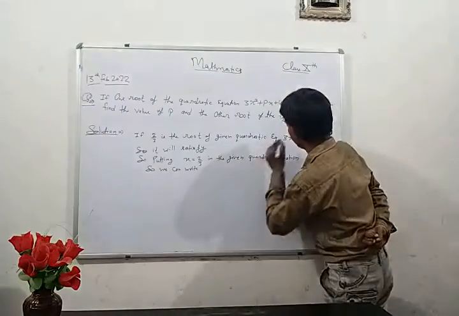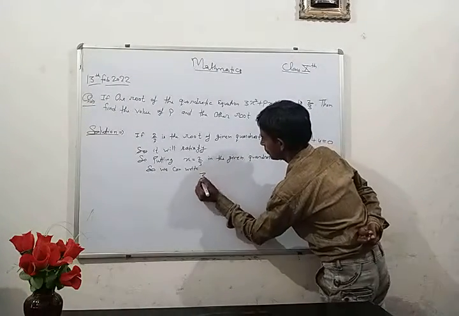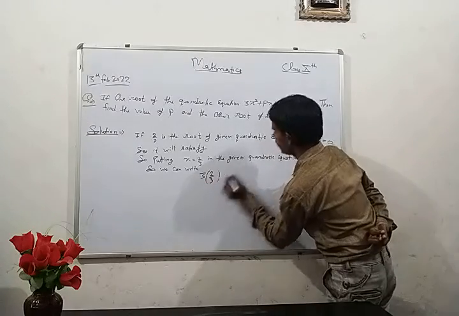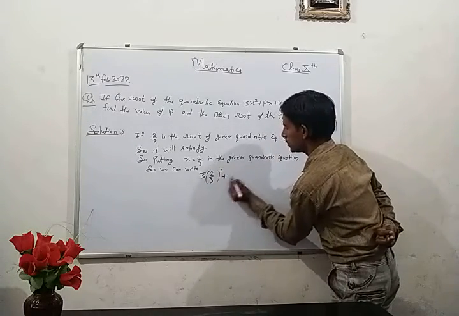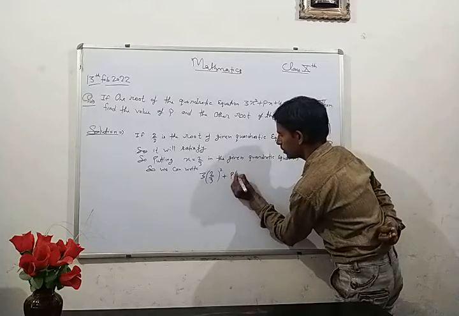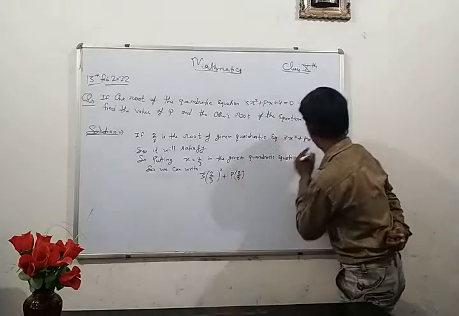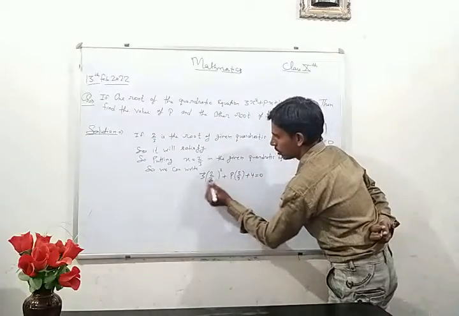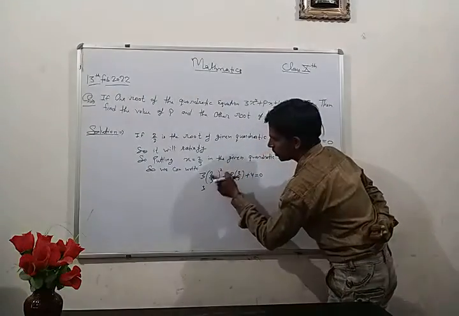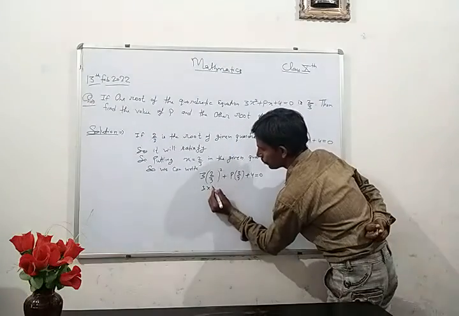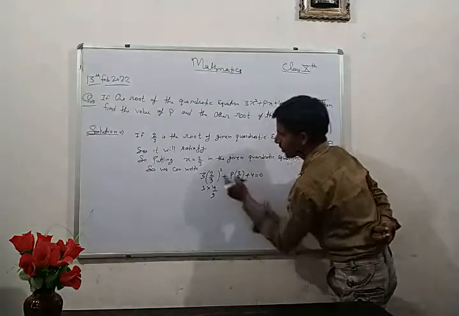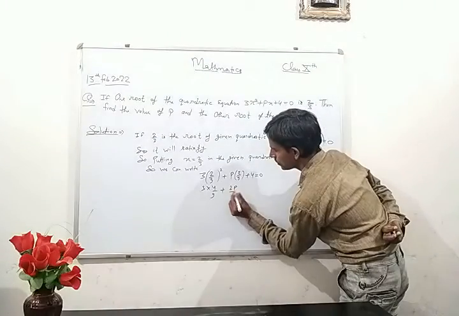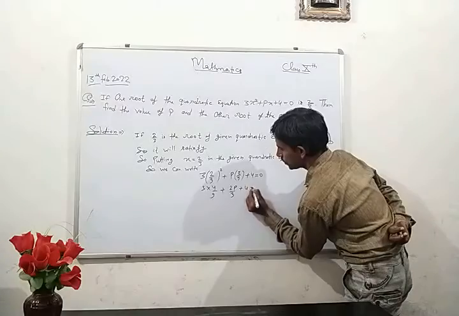So write down like this: 3 times (2/3)² plus p times 2/3 plus 4 equals 0.